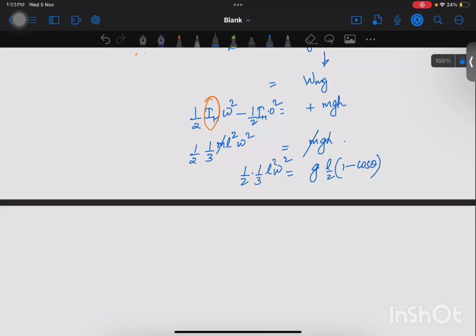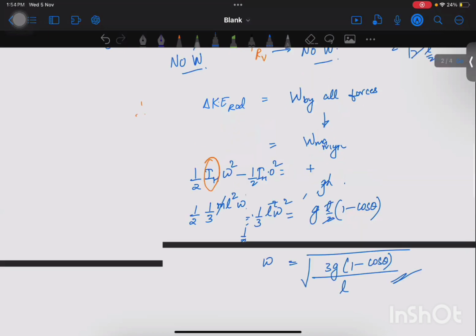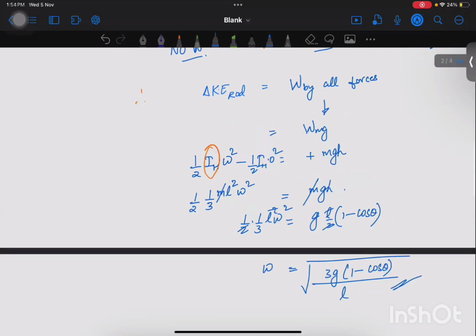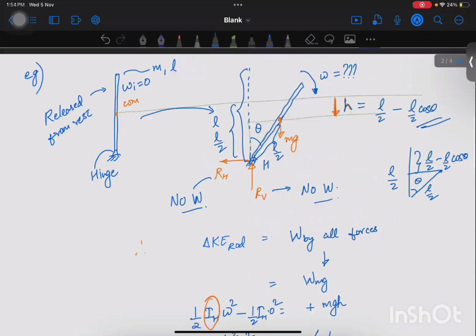You can cancel the L term and the half term, and it leaves us with omega equal to the square root of 3g into 1 minus cos of theta divided by L. Right? This part is clear. No doubts in this particular example.